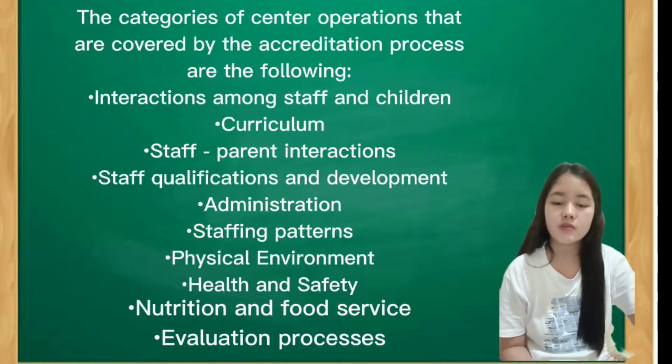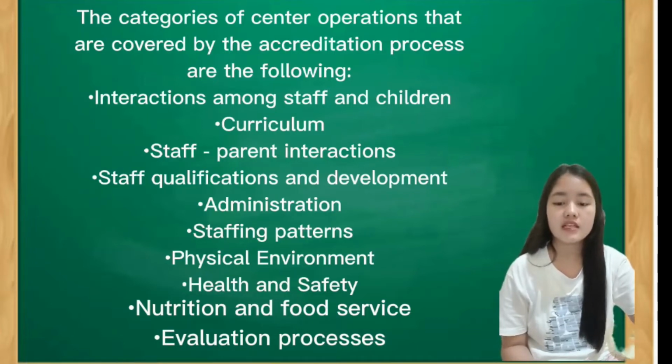Interactions among staff and children, and curriculum. The program implements a curriculum that is consistent with its goals for children and that promotes learning and development in each of the following areas: social, emotional, physical, language, and cognitive. The third one is staff-parent interactions.